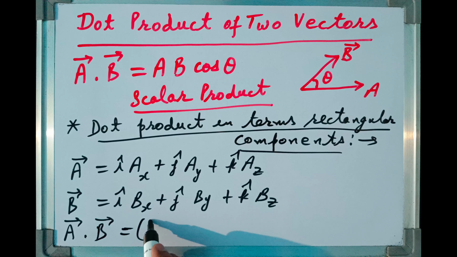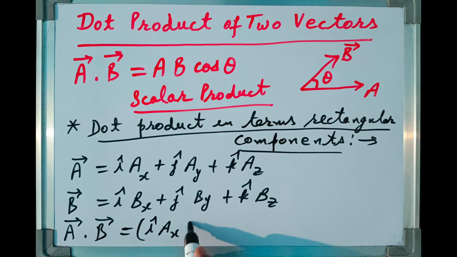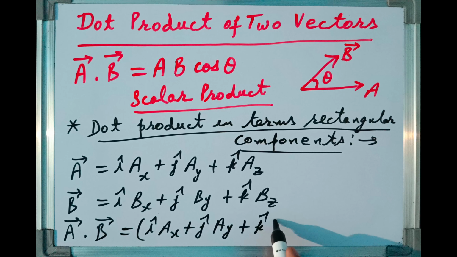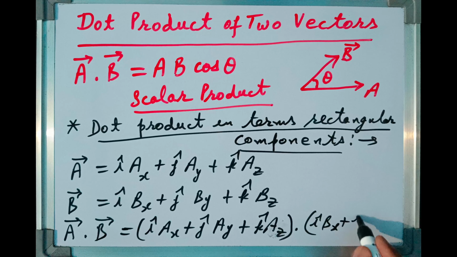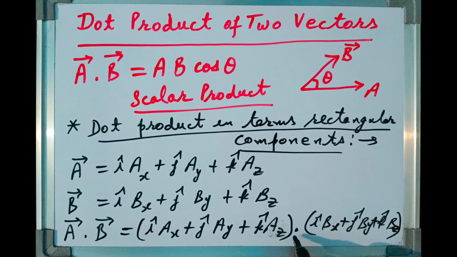I will have to write on the right hand side the value of A vector dot the value of B vector, i cap bx plus j cap by plus k cap bz. Now we have to simply expand these brackets by multiplication through dot.